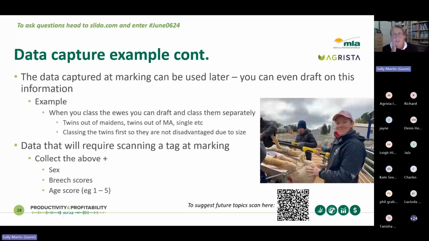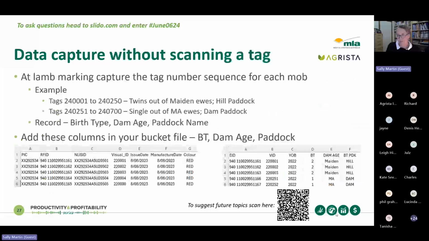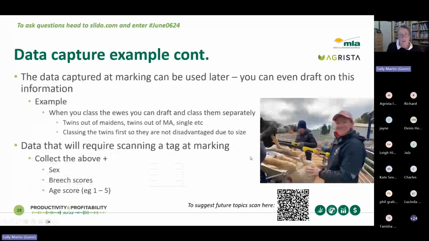So that data captured at landmarking, you could upload onto your stick reader or your indicator, and you could actually draft on this. You could use this as part of a draft that you might want to do before classing, for example, and I'll go through how that might work.